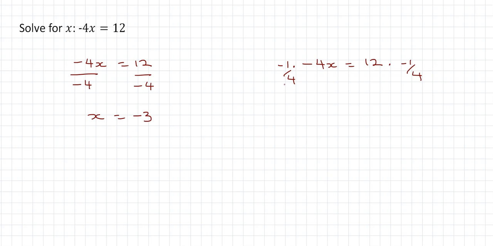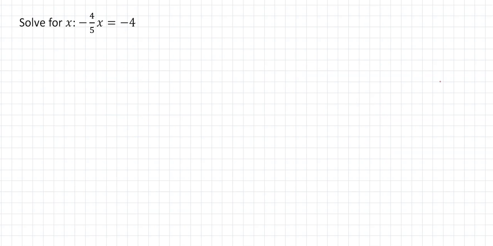So you can see here that this is going to cross this out, and because you have negative negative here, we have a positive x equal to 12 divided by negative 4. So x equal to negative 3. See, you get the same result regardless of the approach you take.